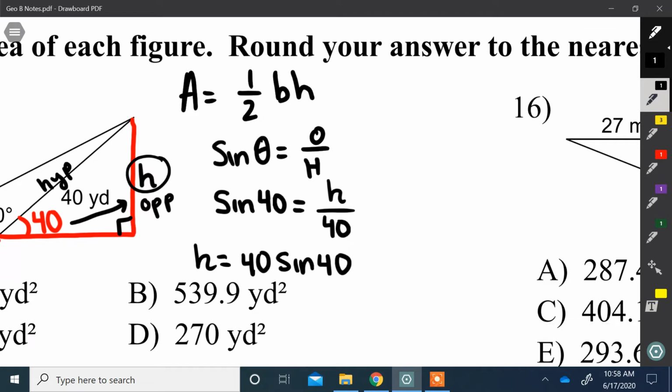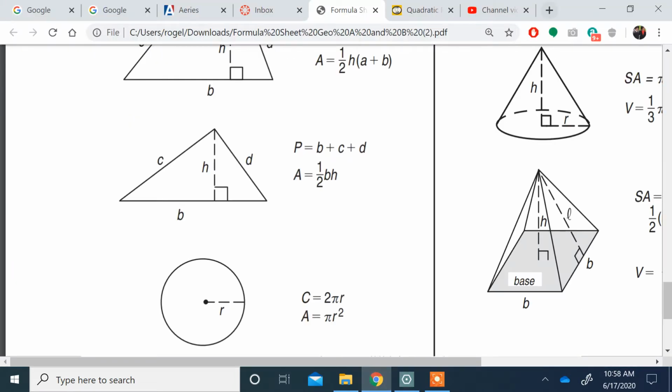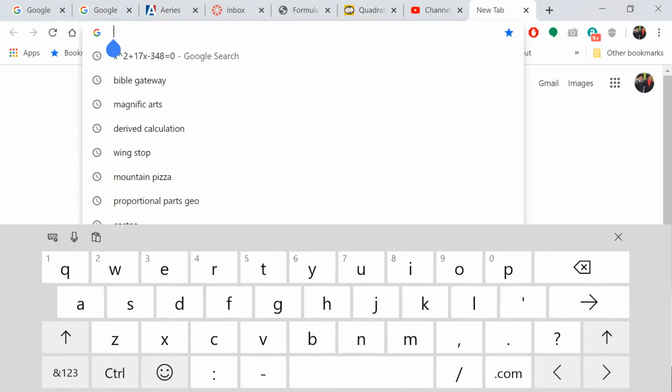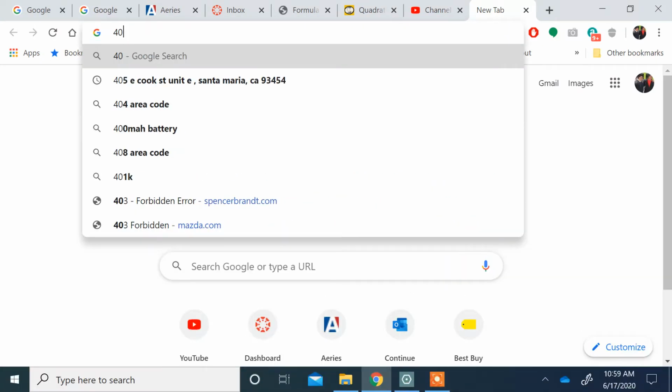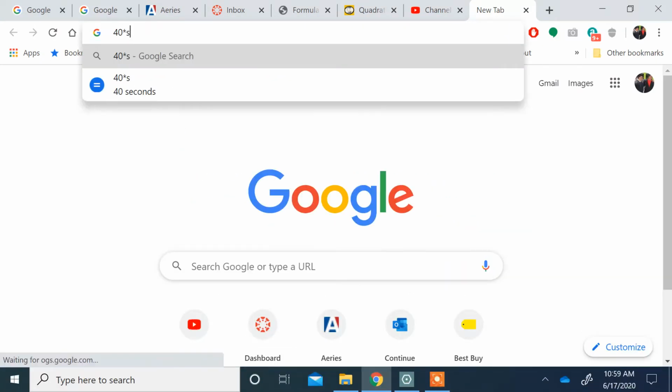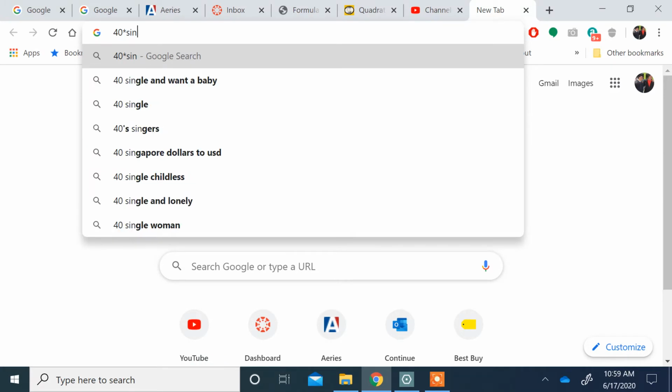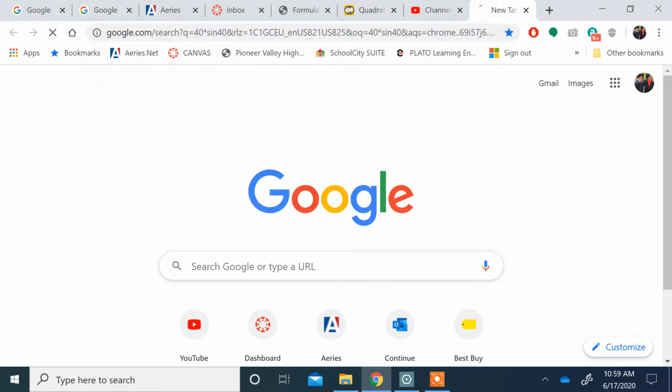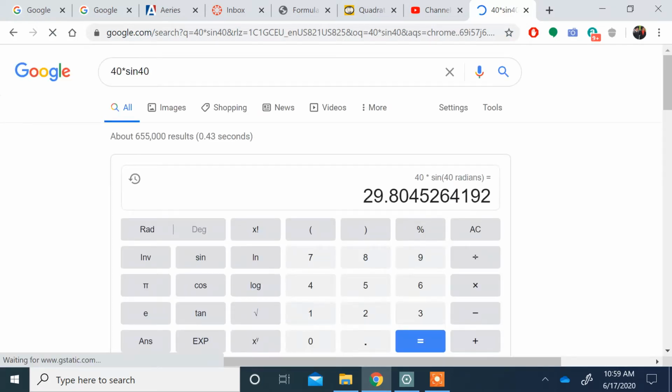Okay, so I'm going to go to Google and I'm going to type in 40 times sine of 40. See what I'm doing there? Oh, but this is in radians and we need it to be in degrees actually.